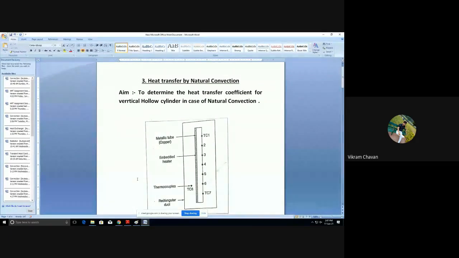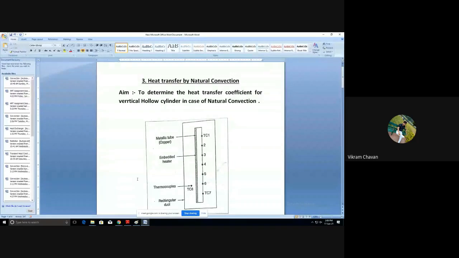The convection heat transfer will then be called natural convection. We know that in the convection chapter we have discussed the difference between natural convection and forced convection. In natural convection, there is no external agency present to blow the air over the heated surface or the cooled surface, and the flow of the fluid happens because of a temperature difference between the hot fluid and cold fluid.